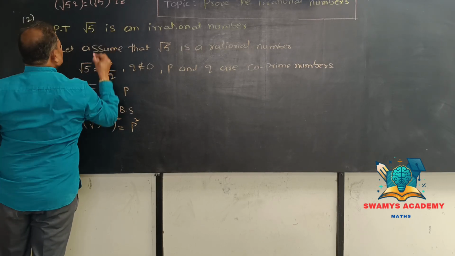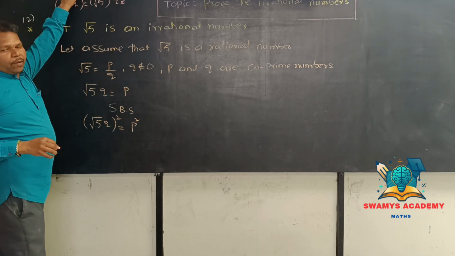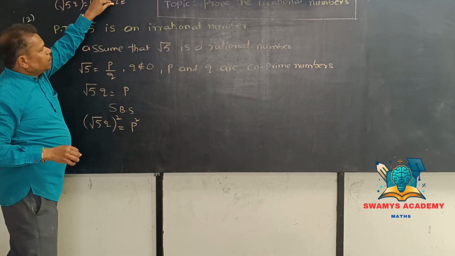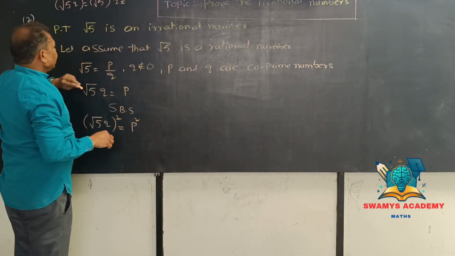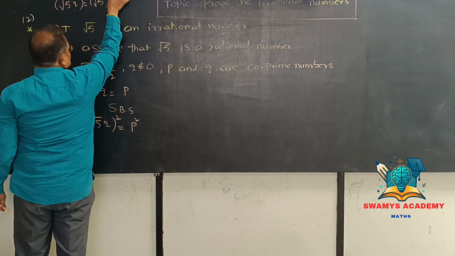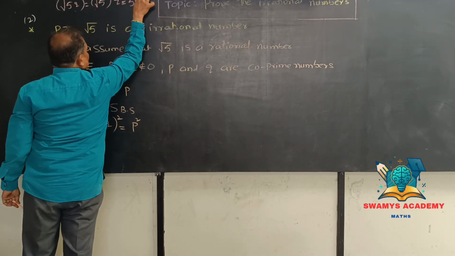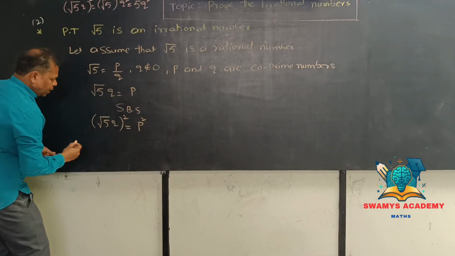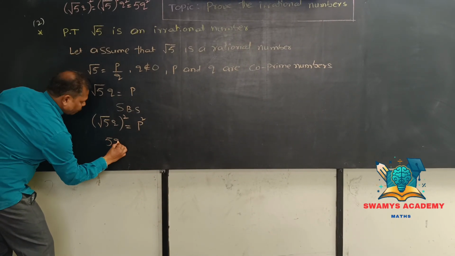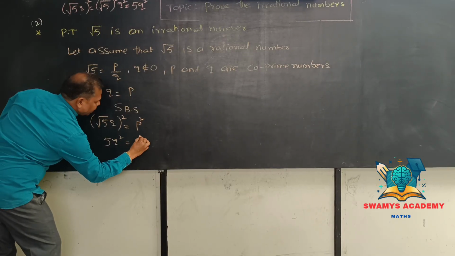Using the exponent rule (ab) to the power of n equals a to the power of n into b to the power of n, the square and the square root are cancelled, so we get 5q square equals p square.